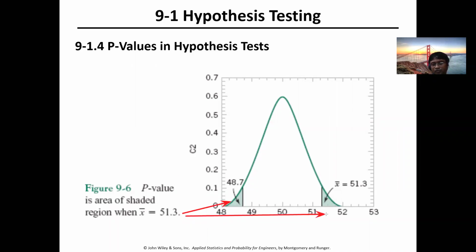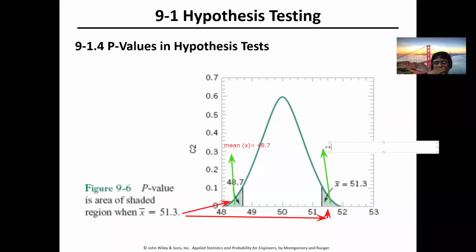In one tail you are claiming that x bar, the mean of x, is less than 48.7, whereas in the other you are denoting that the mean of x is greater than 51.3.